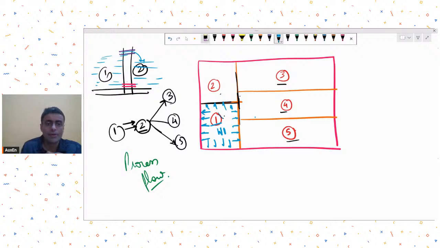Then you will create another load case, let's call it W2, where only these tanks get filled up. So this becomes your W2.